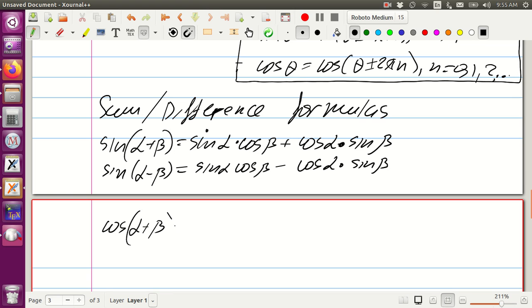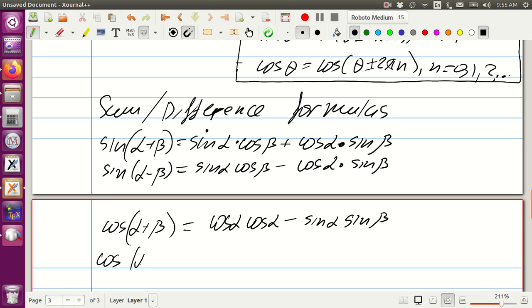Cosine is a little bit more complicated, so let's talk about cosine of alpha plus beta. Cosine of alpha plus beta is cosine of alpha cosine of beta minus sine of alpha sine of beta. Again, this is plus, this is minus, and it's cosine cosine, sine sine. So plus and minus for cosine.